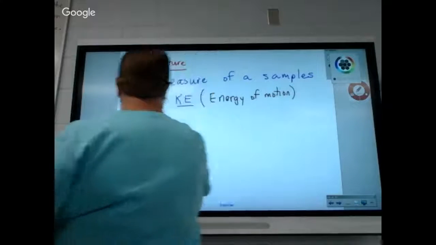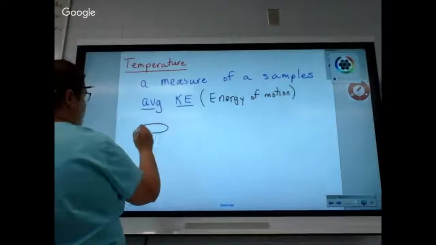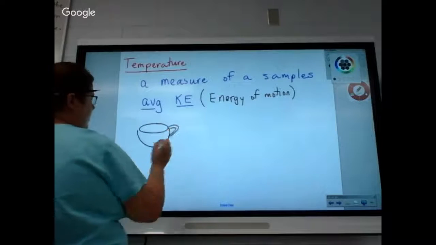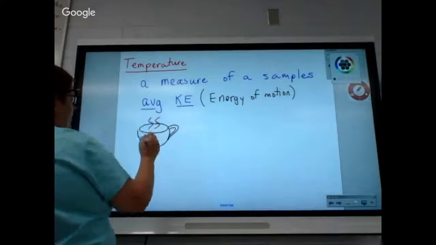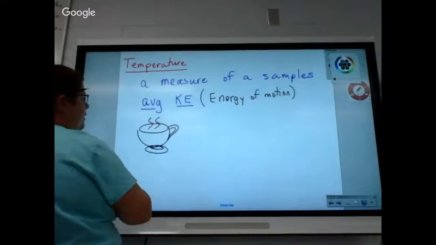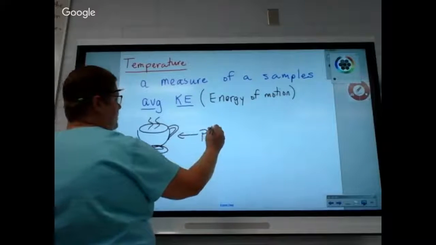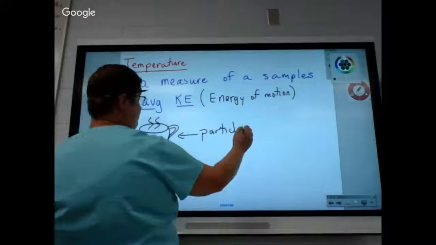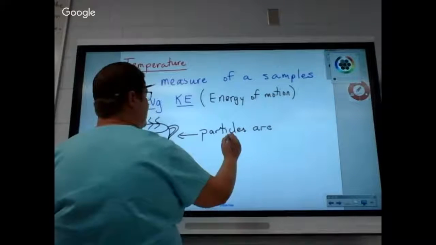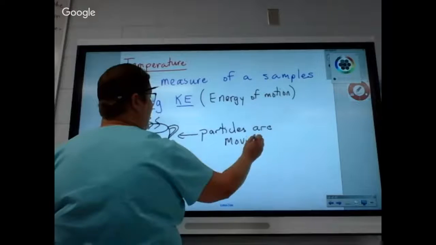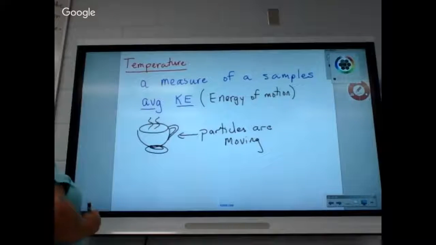So when we're talking about something like a cup of coffee, a cup of tea, something that's warm, most people can tell me that the particles in this are moving. Nobody has any trouble with that concept.